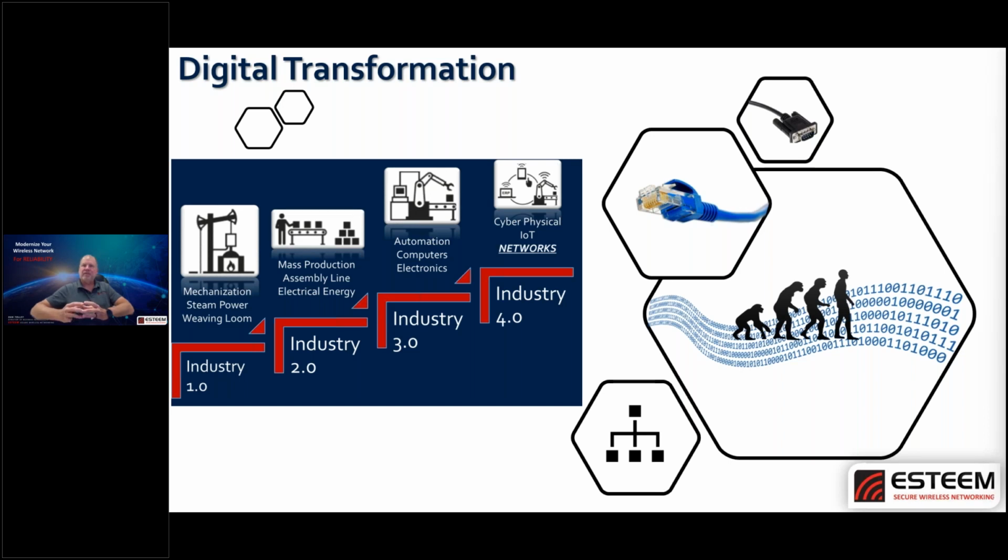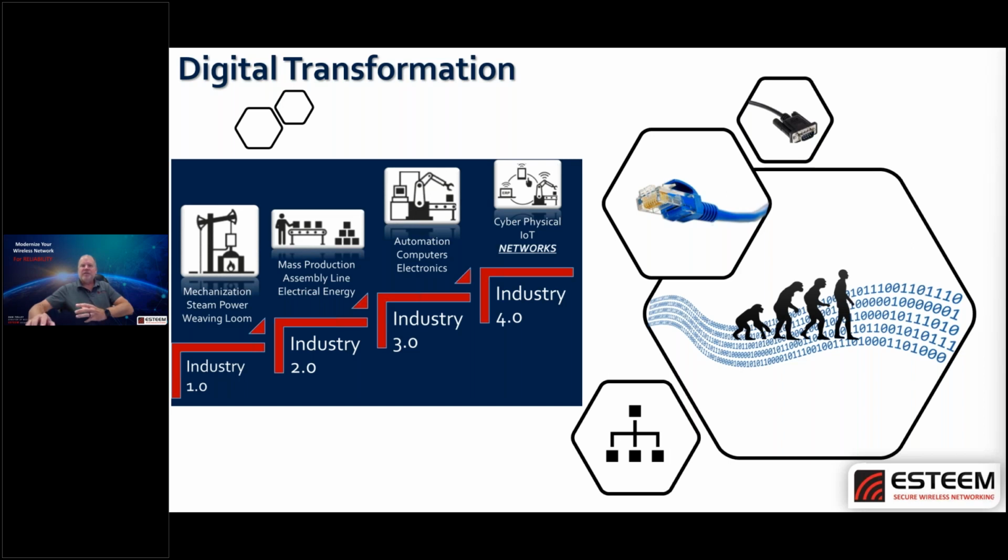So now it's not a device level, but we're bringing everything into a common network, whether that be the IT-OT combination or an OT network and an IT network, but we're really now at a network level as opposed to a device level during this digital transformation.